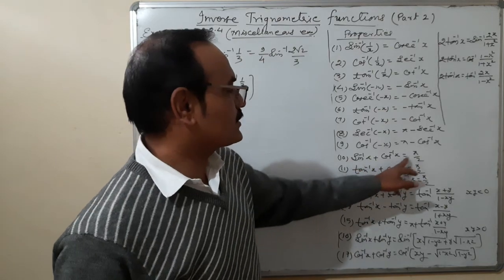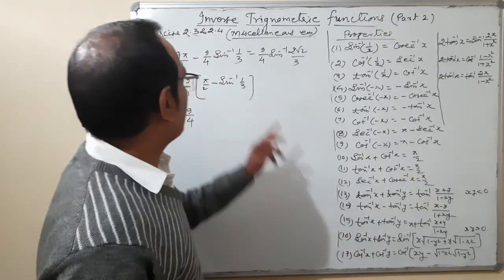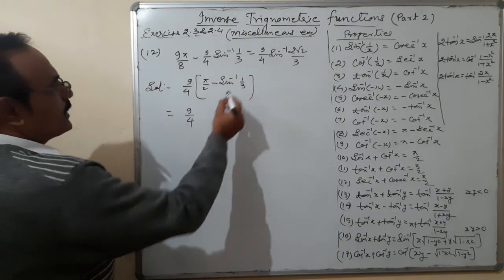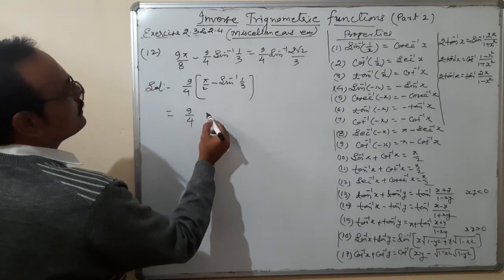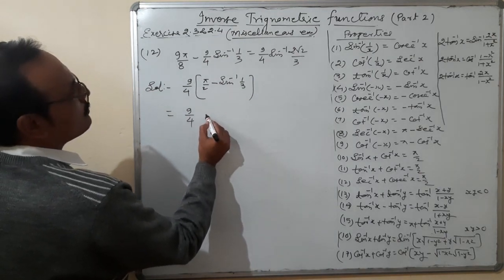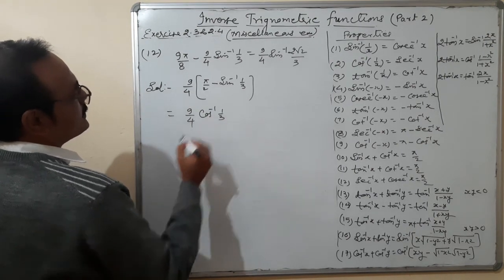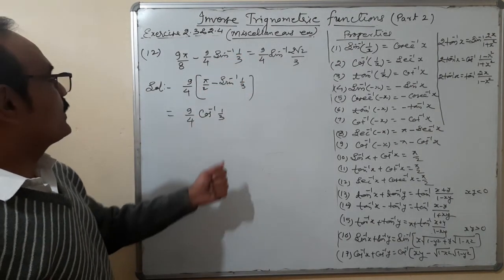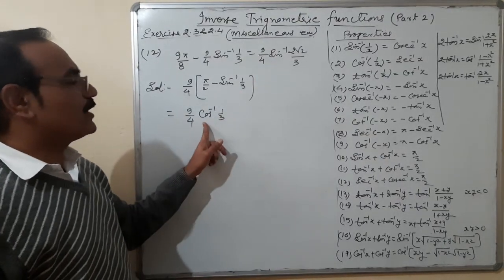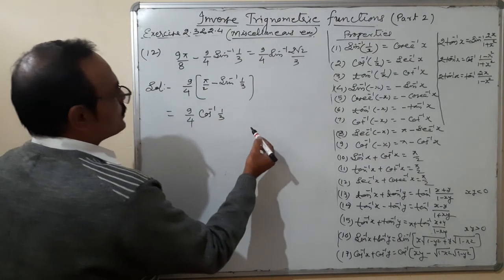Sin inverse x plus cos inverse x is equal to pi by 2. So pi by 2 minus sin inverse 1 by 3 means it is cos inverse 1 by 3. Is that okay? This is the answer, but you can see that here there was a sin inverse and we got the cos inverse. So you can use one thing here.